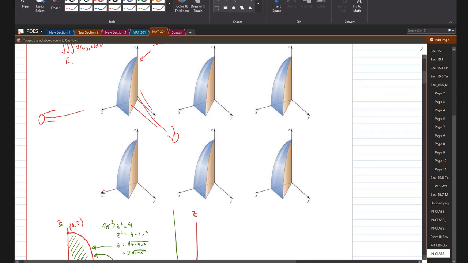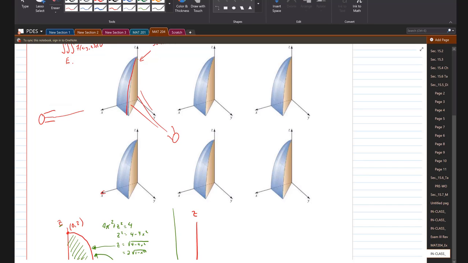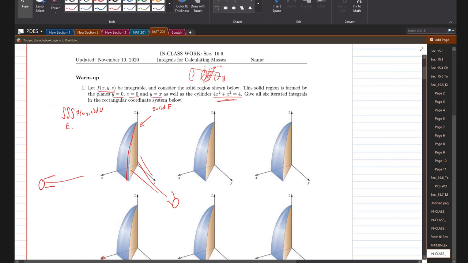Okay. Now, the edge along that YZ plane that you're going to get is going to be the shadow of that edge right there as it gets projected onto the YZ plane. Well, where is that? That edge right there is the intersection of this boundary line and this boundary line.